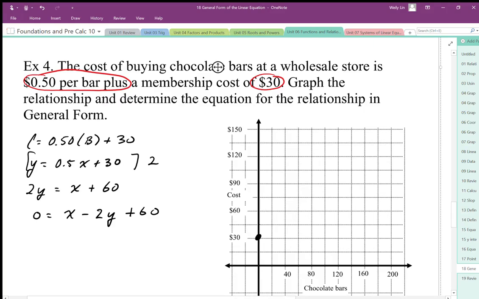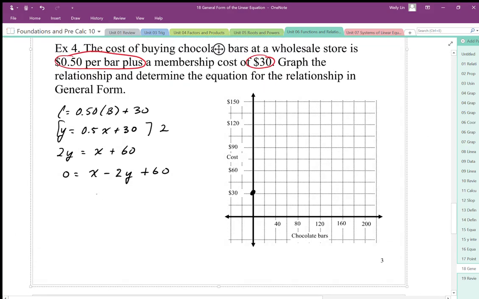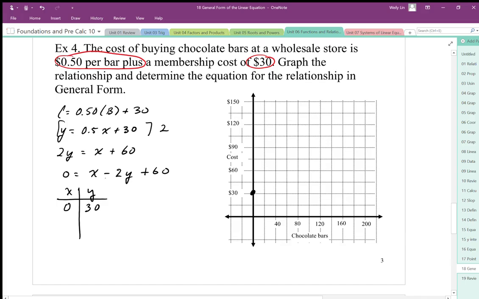Actually, I'm going to make a table of values, just to make sure that we know exactly what we're graphing. So 0 bars, $30. Now we're going to put in, what did we say, 50 bars. We're going to end up with $25 plus the original $30 charge, so that's going to be $55.